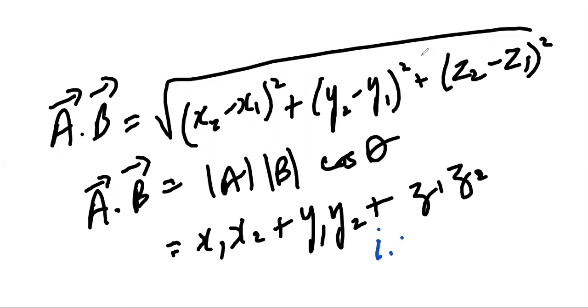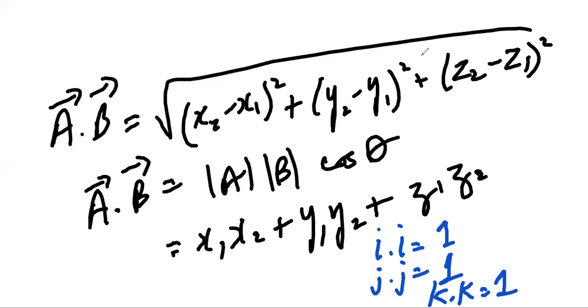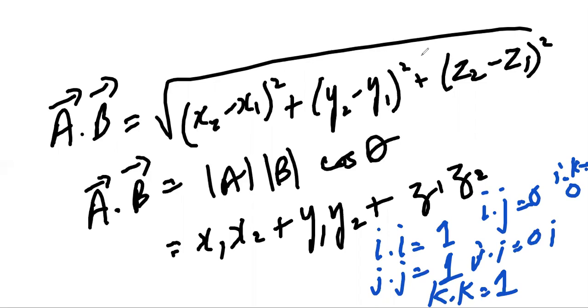Because i dot i is equal to 1, j dot j is equal to 1, and k dot k is equal to 1, and all the rest values are equal to 0 when we are taking the dot product of i comma j, or i comma k is 0, j comma i is 0, j comma k is also 0.